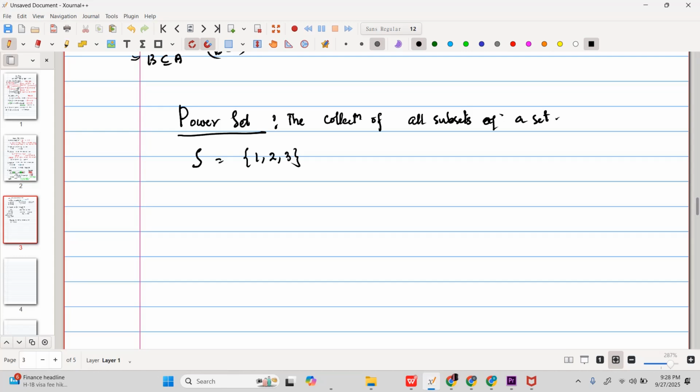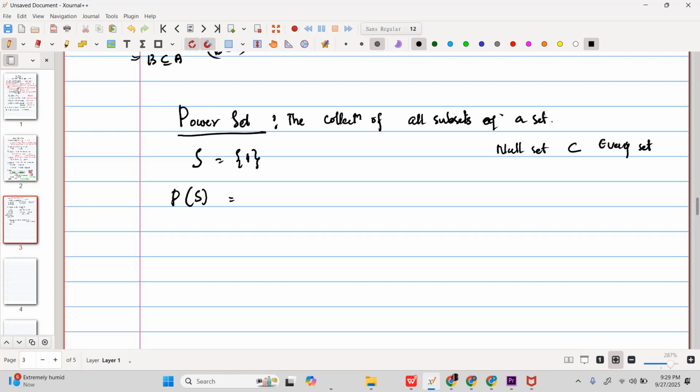I'm just starting from a basic kind of set, which has only one element, which is 1. Then the power set is denoted by P of S. And I want to include one concept: the null set is a subset of every set.